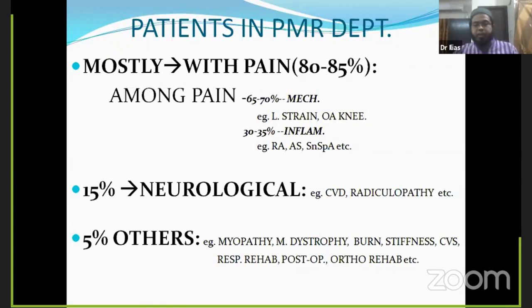So these kinds of patients will have mechanical pain. And definitely after resting or after removing the stressful activities from the body part, the patient will get relief from the pain. So these are the features of the mechanical pain. And among all the pains, 60 to 75% of the patients come with mechanical pain.